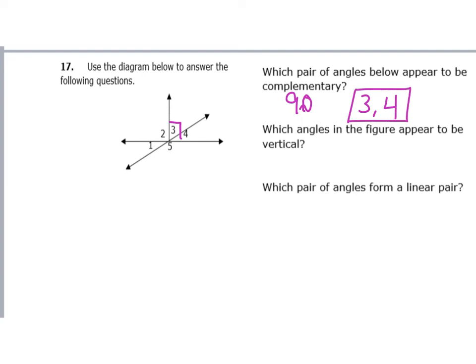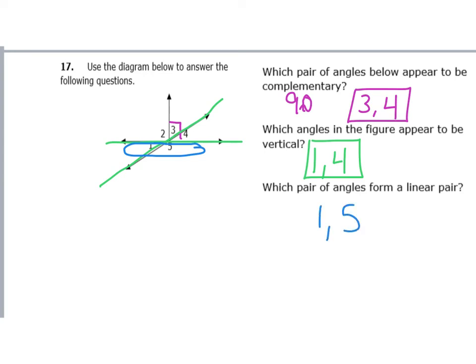Those are across from each other when 2 lines intersect, so that would be 1 and 4. And then which pair of angles form a linear pair? Those are 2 angles that make a line. Just 2 angles. You can't use the top 3 because it has to be just 2. So that would be 1 and 5.